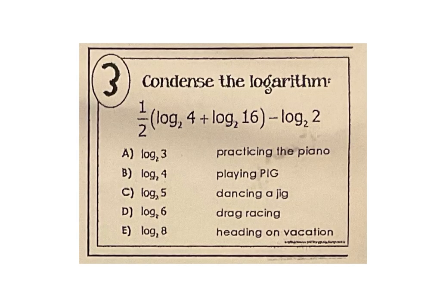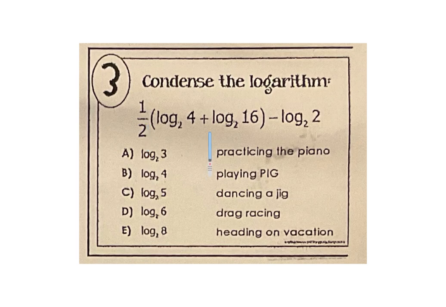Okay, the third logarithm. Let's look at the numbers that are in the parentheses here. I've got 4, log base 2 of 4 plus log base 2 of 16. Plus means multiply, so I'm going to take the 4 and multiply it times the 16, and then take that to the 1/2 power. So 4 times 16 is 64 to the 1/2 power. You can type that in your calculator, or you can recognize that 1/2 is a square root.